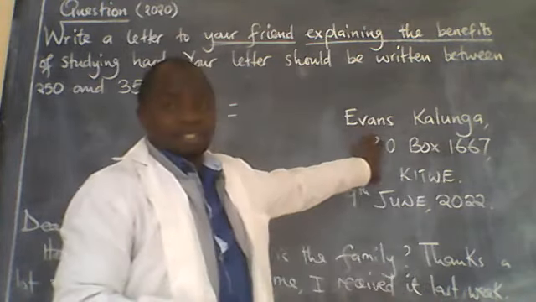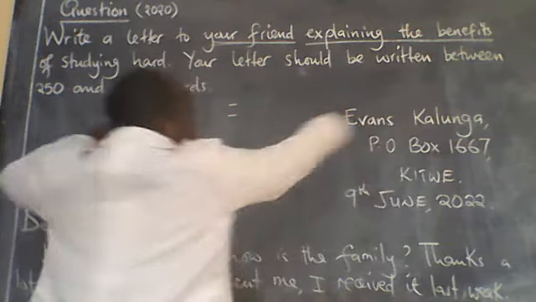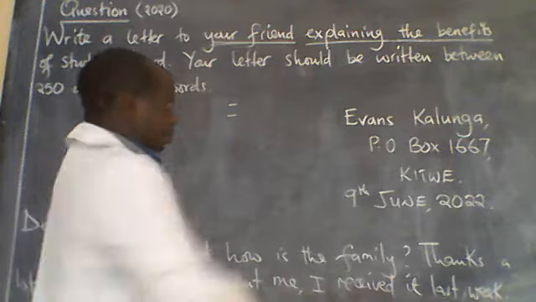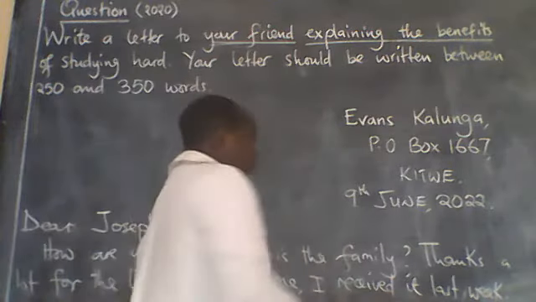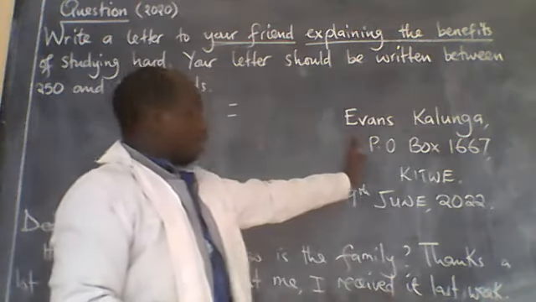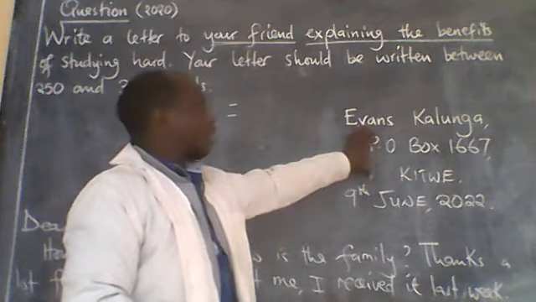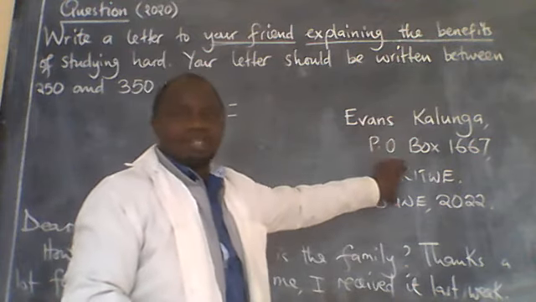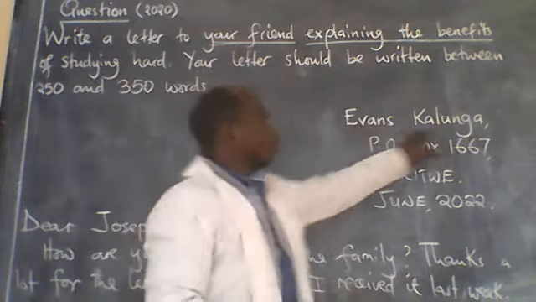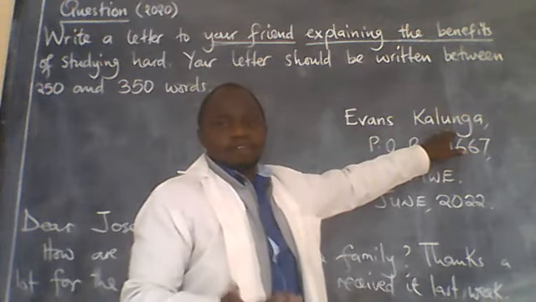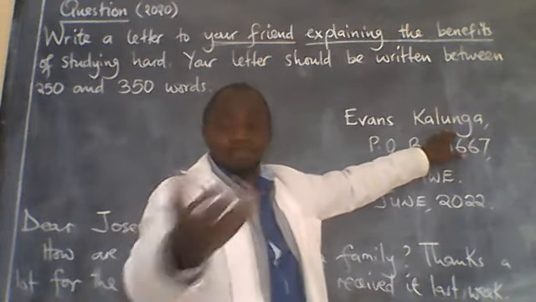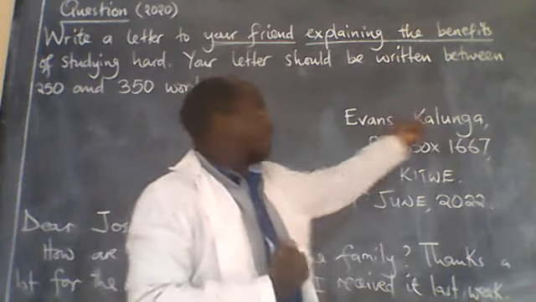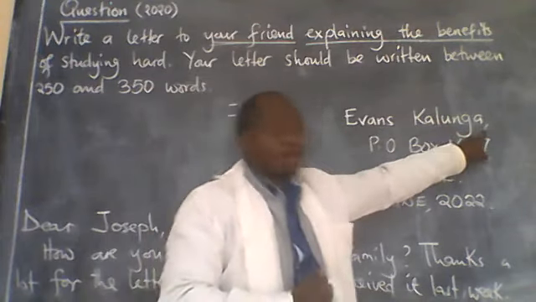Sender's address. This is a page, the A4. On your far end, you write the address, the sender's address. So you start with your name, if you are the sender. Of course, you will be the one writing. So in my case, Evans Kalunga, put a comma.